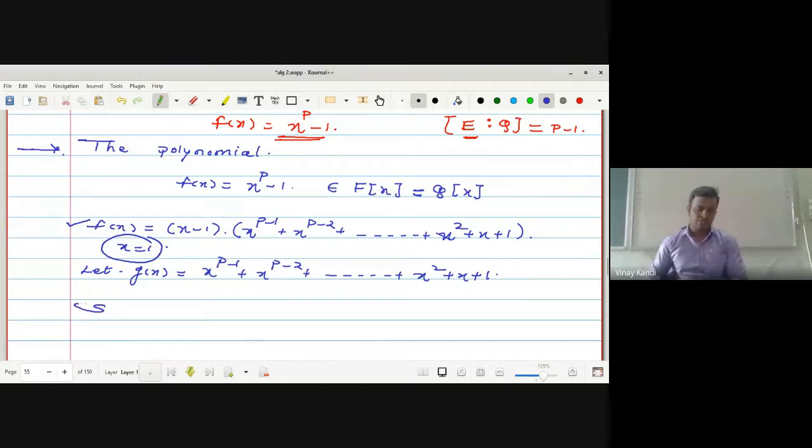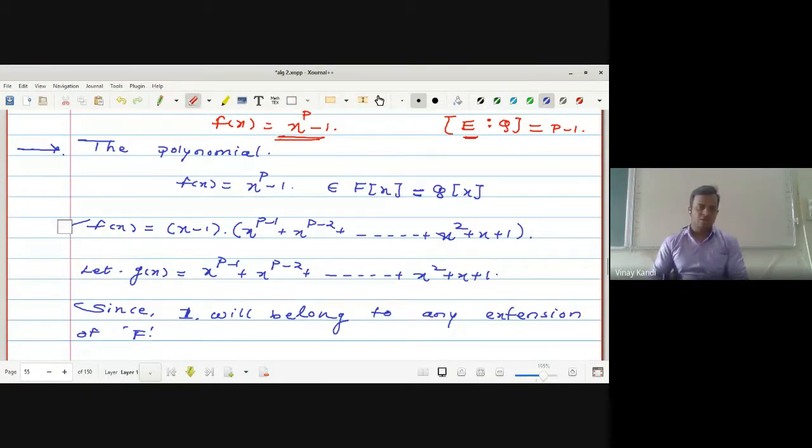Now, look here, since 1 belongs to any extension of the field F. If it is a field, then in that field 1, the unit element, will always be there.